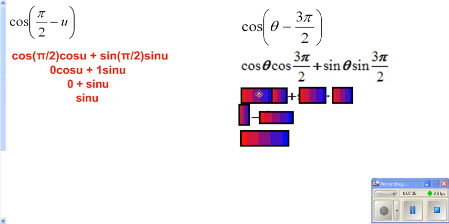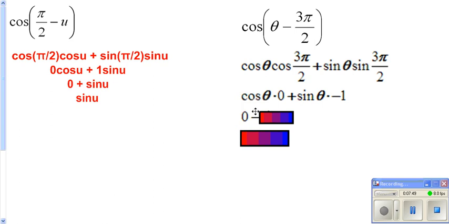Cosine of theta, we can't change. Cosine of 3 pi over 2, 0. Sine of theta, we can't change. Sine of 3 pi over 2, negative 1. So 0 times your cosine is 0. Then you add a negative 1 times this, so it's really just negative sine theta along with your 0. Your 0 doesn't change it, so we get this.